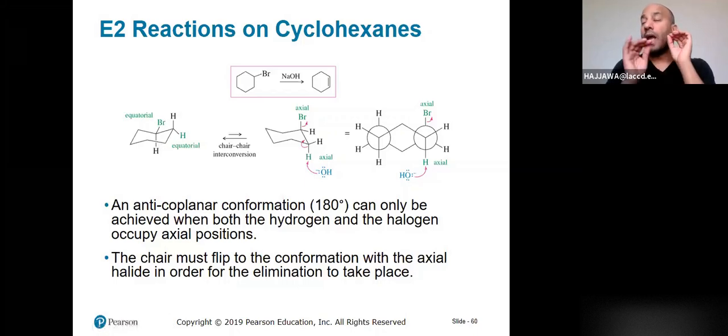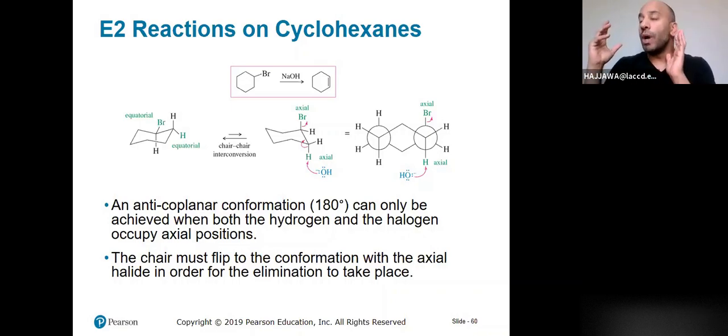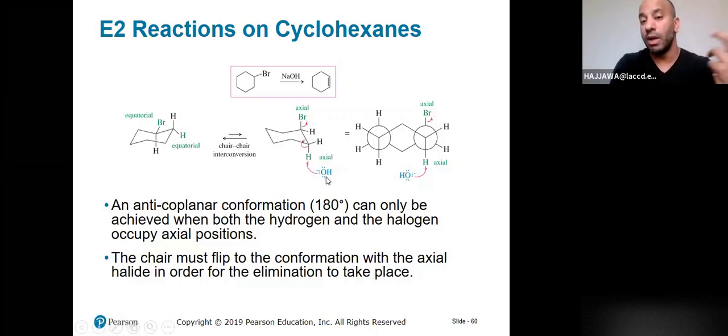However, every single time there is a cycloalkyl halide going through an E2 elimination, the chair conformation where the halide is in the axial position is the one that's going to go through elimination. Why is that? Because it's going to put the hydrogen that's in the anti-coplanar orientation in a perfect position where the base is going to be so relaxed to pick up the hydrogen, to form the double bond and kick off the leaving group at the same time.